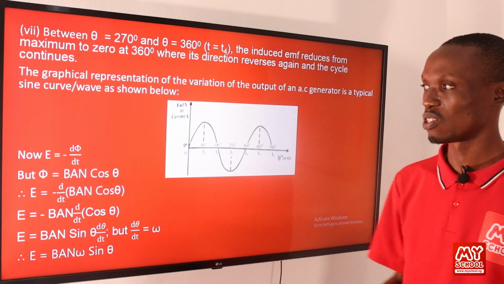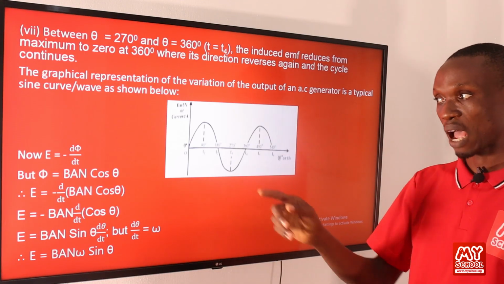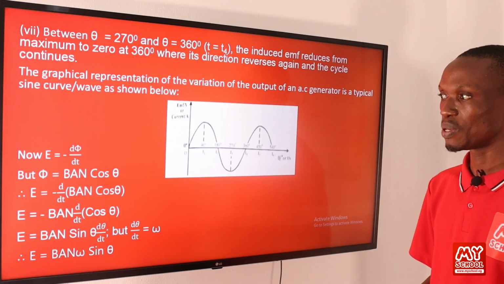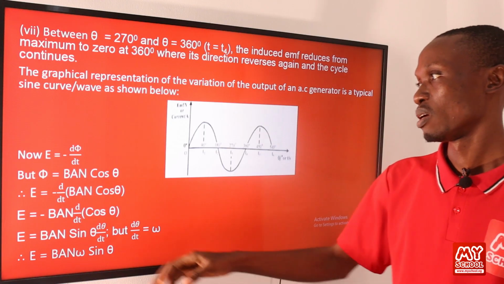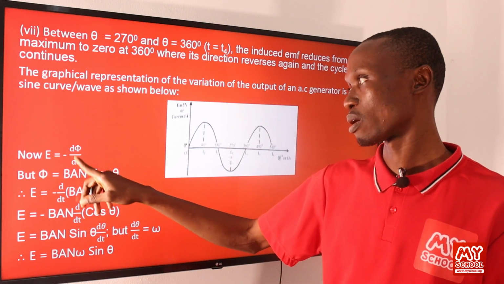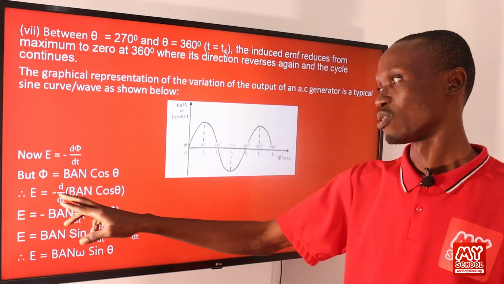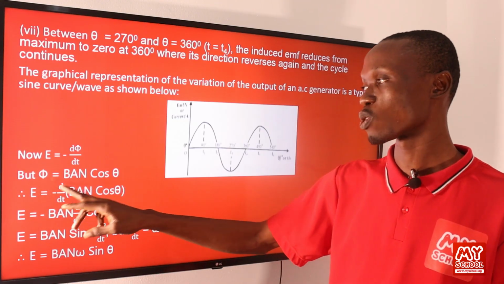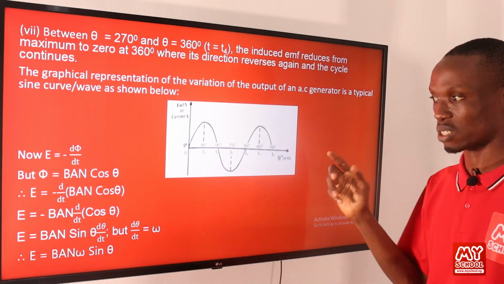Now E is equal to minus dΦ over dt, but Φ is equal to BAN cos theta. So in place of Φ we substitute BAN cos theta, so that E is now equal to minus d over dt of BAN cos theta.